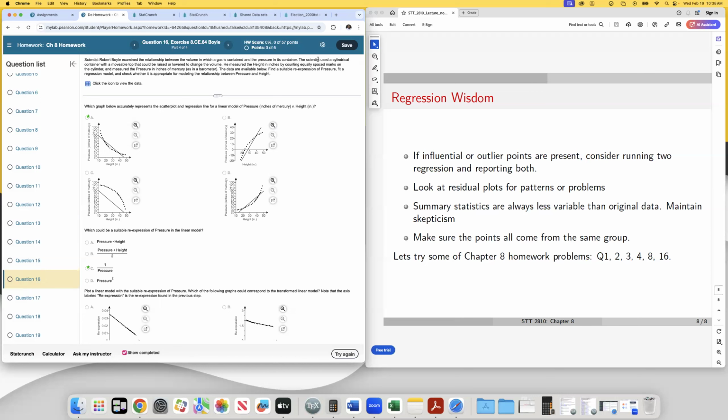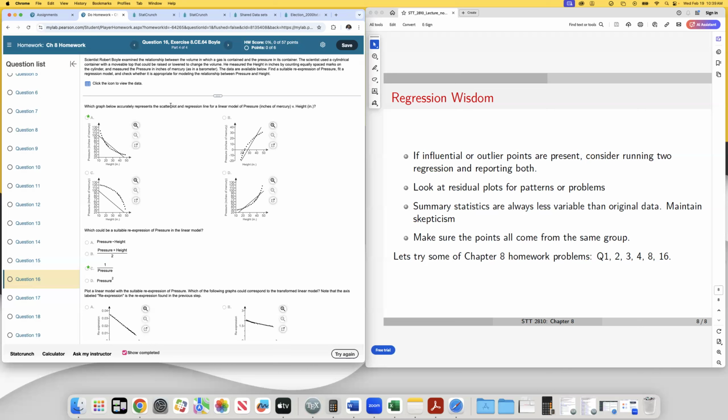The scientist used a cylindrical container with a movable top that could be raised, and so on. Then we are asked to find a suitable re-expression of pressure: we should fit a linear model, and then check whether it's appropriate for modeling the relationship between pressure and height.